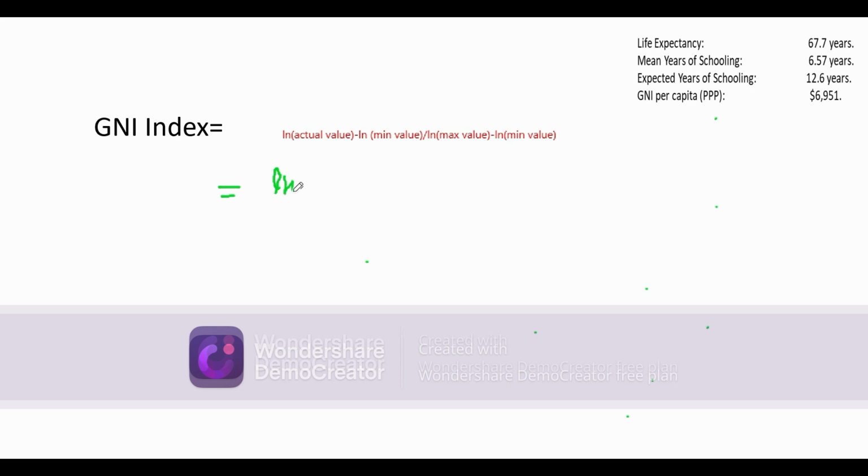So we take log 6951 minus log, what is the minimum value in a GNI index estimation? It is 100.